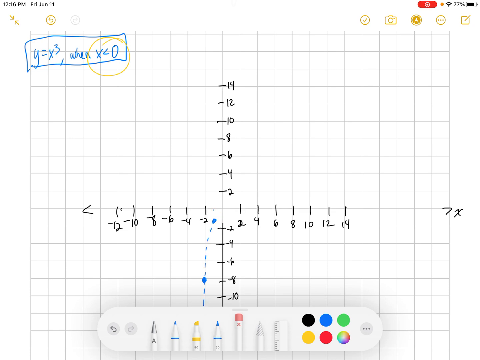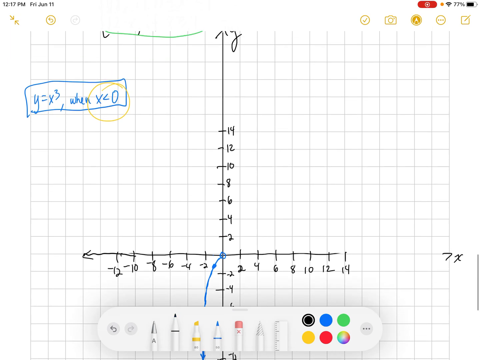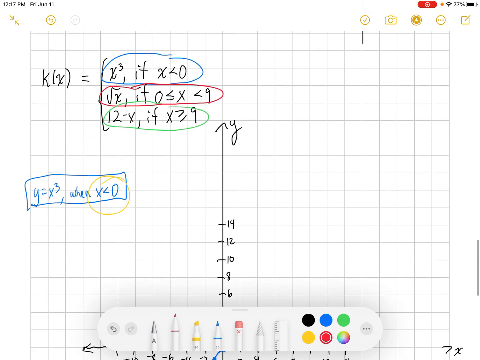And at 0, I'm going to have an open circle. Why an open circle? Because x is just less than 0, not allowed to be equal to 0. So I'm going to have an open circle there. All right, so I got my blue piece.